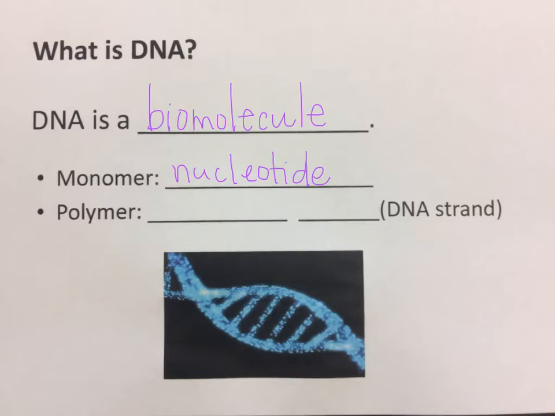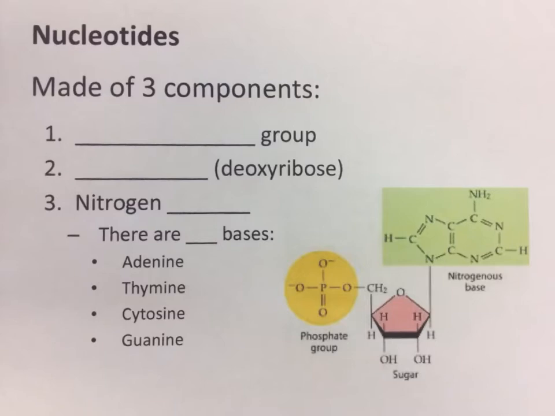Its polymer is a nucleic acid, which is also just the DNA strand itself. So this picture you're seeing here would be the DNA strand. That is its polymer. So let's begin talking about the monomer of DNA, the nucleotide.